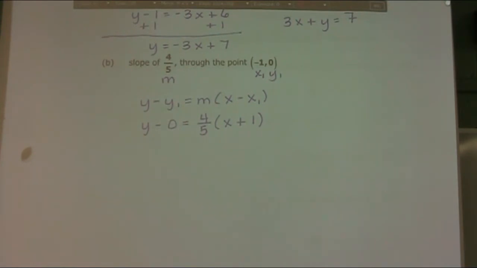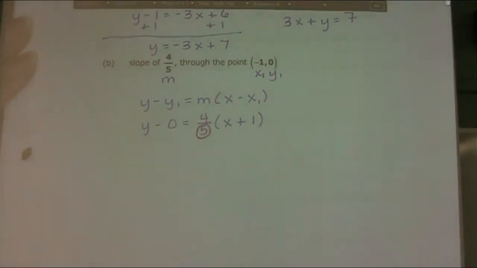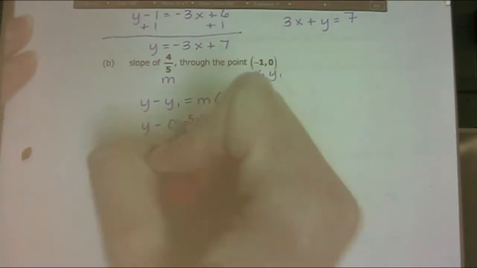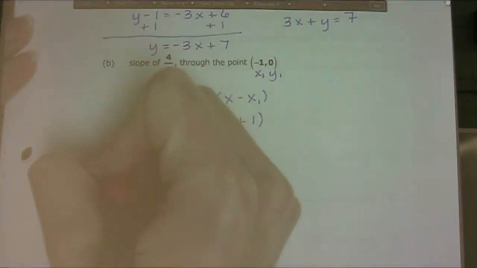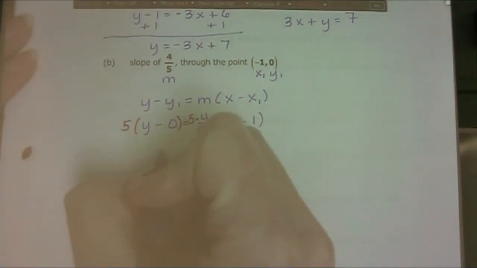So before I distribute, I'm going to get rid of my fractions by multiplying both sides by the denominator of 5. So I'm going to multiply by 5 right here and over here. Now, obviously, y minus 0 is just y. So on the left, I just have 5y.